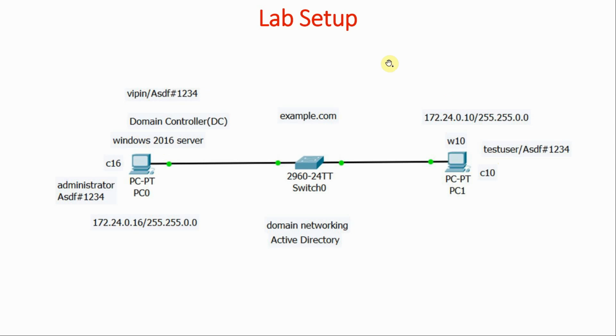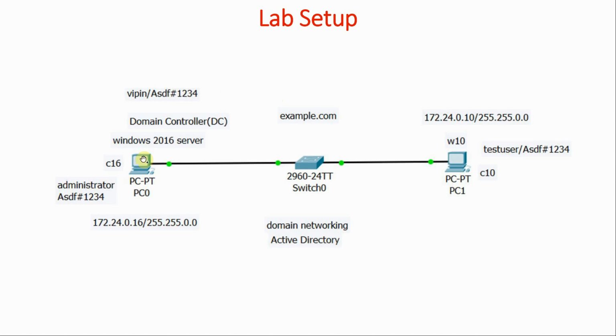Suppose I have 500 systems in workgroup networking, that means I need to create the VPN user on all these 500 systems with the same password. If I have to change the password, I have to change it on 500 systems. If I have to delete the user, I have to delete the user in all the 500 systems. That is the problem with the workgroup type of networking.